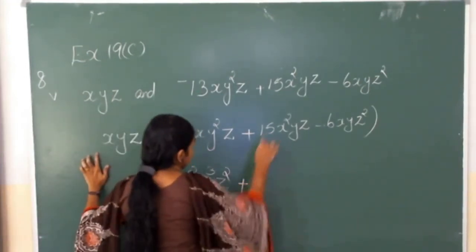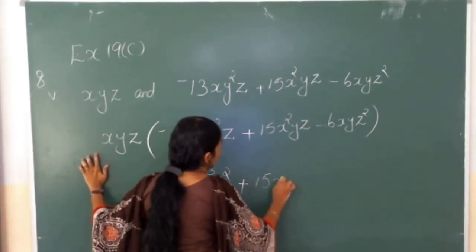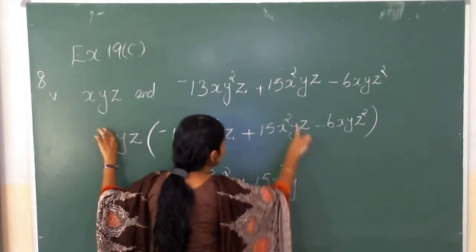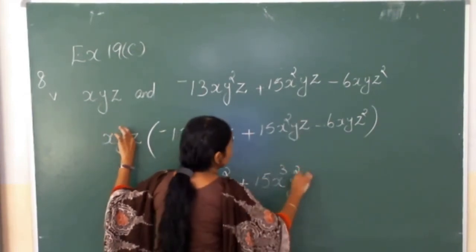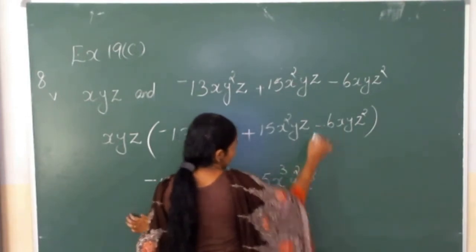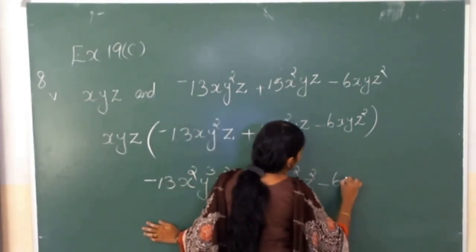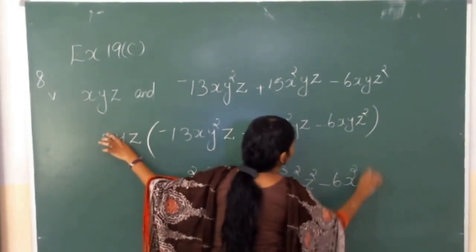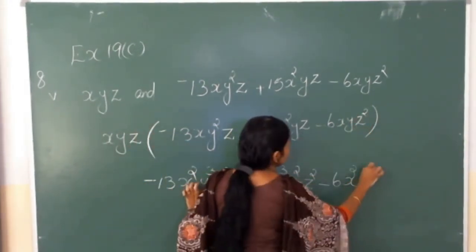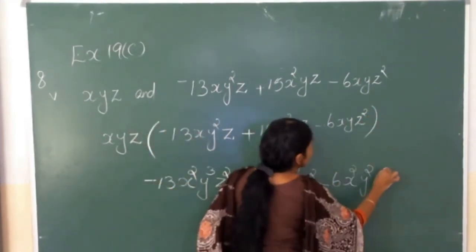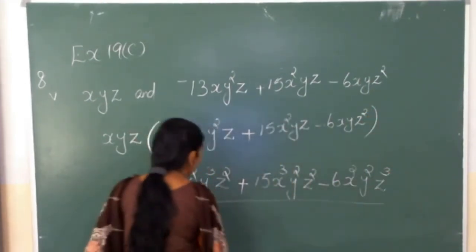Then plus 15, x raised to 2 plus 1, 3, y raised to 1 plus 1, 2, z raised to 1 plus 1, 2. Then minus 6, x raised to 1 plus 1, 2, y raised to 1 plus 1, 2 and z raised to 2 plus 1, it is 3.